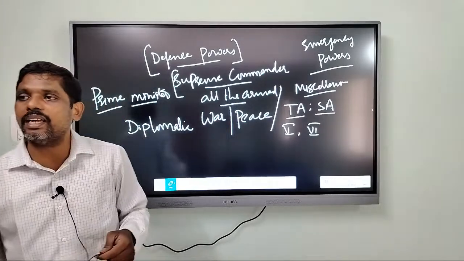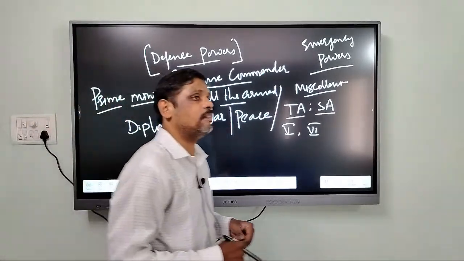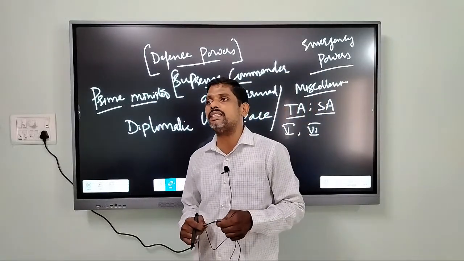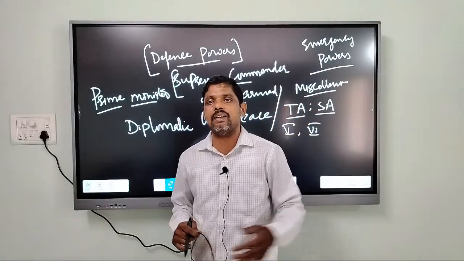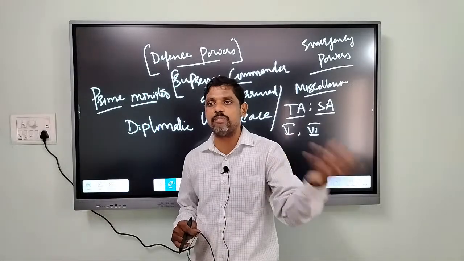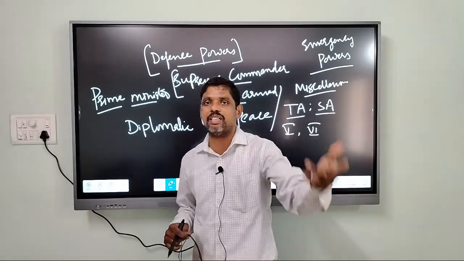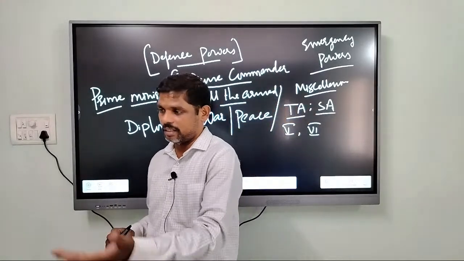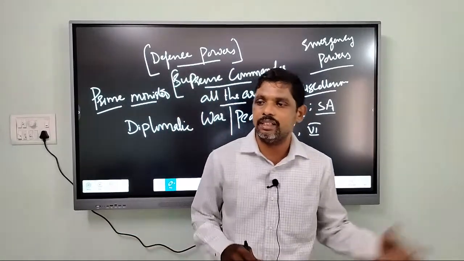And even if you take the role of the President with respect to union territories, these union territories are directly placed under the President. Appointment of chief ministers of the UTs, say for example, UTs having assemblies, that is New Delhi, Puducherry, Jammu Kashmir.